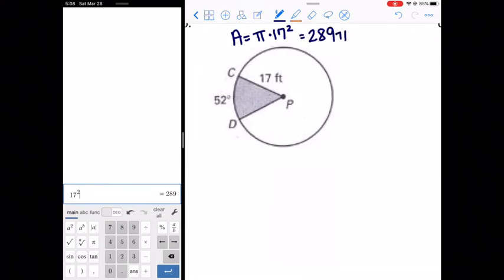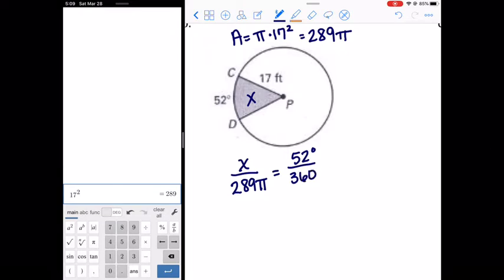So it's 289 pi. If we call the area of that sector x, then x over the entire area, 289 pi, is going to be equal to the arc measure, which is 52 degrees, over the entire circle, which is 360 degrees. So let's cross multiply.